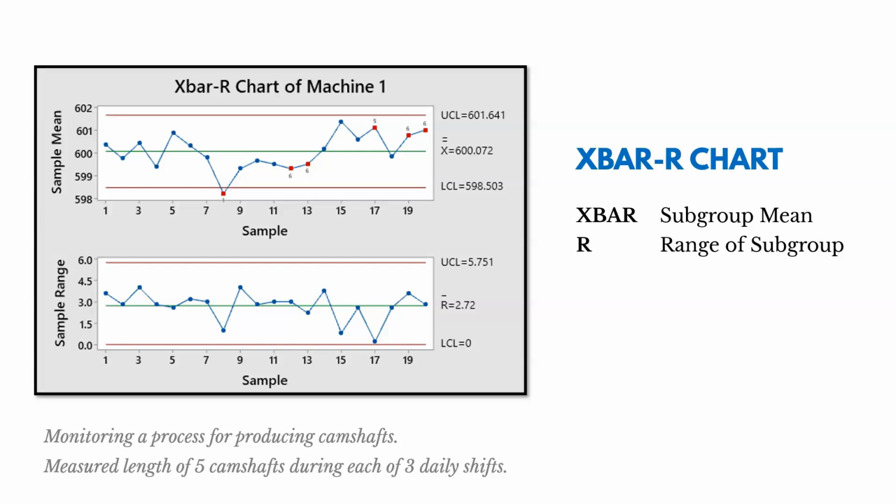And we measured the length of 5 camshafts during each of 3 daily shifts. So each of those points up on the top represents the average for 5 camshafts. And then at the bottom, it's the range of that subgroup. Every data point represents the range of 5 camshafts.